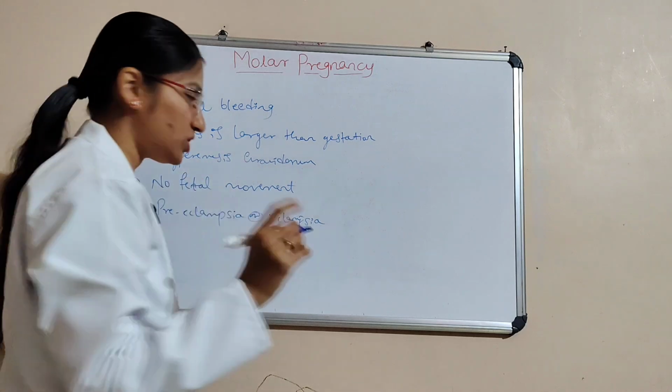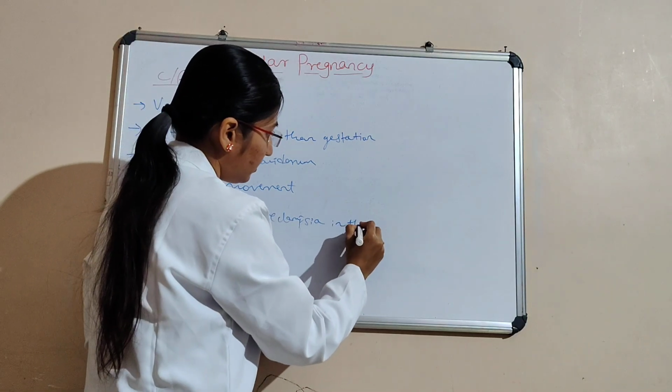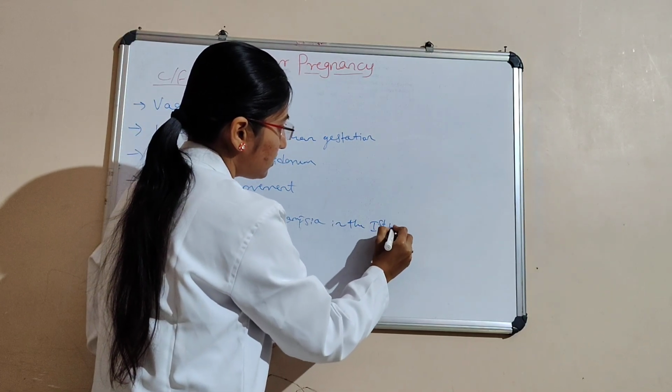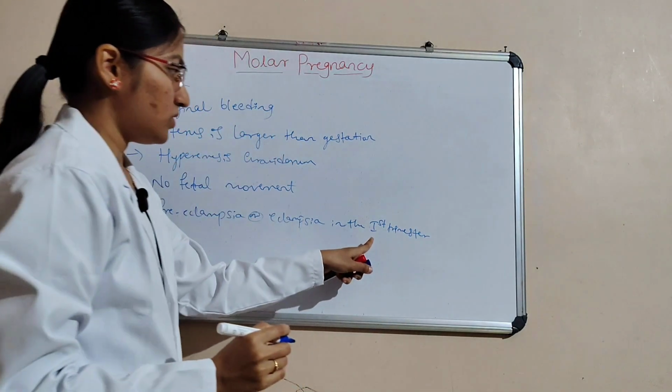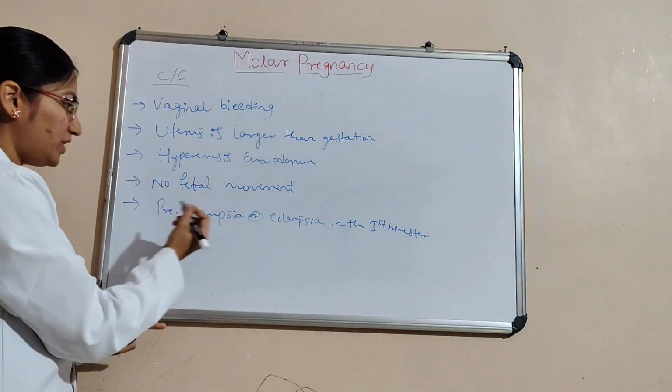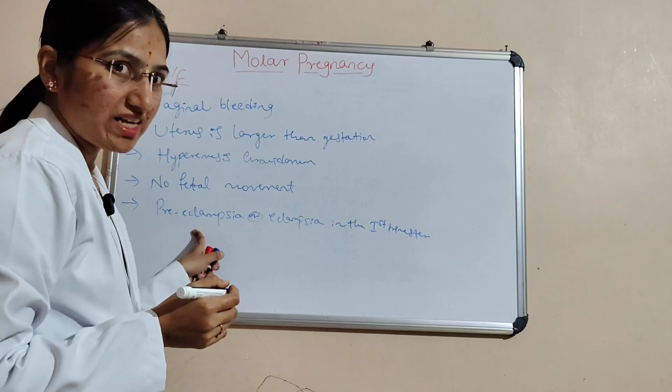In the first trimester, starting from 3 months, preeclampsia, pregnancy induced hypertension.